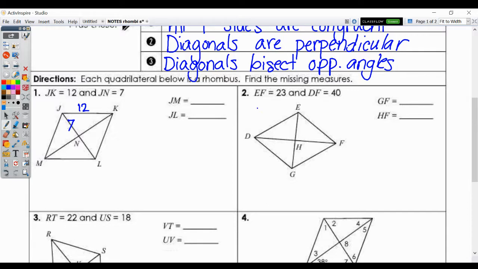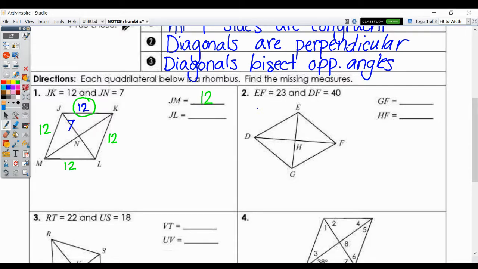It wants us to find JM. I know that all four sides are equal. So if this side is 12, then all of the sides are going to be 12. So that means that JM, which they asked me in the first question, is going to be 12.